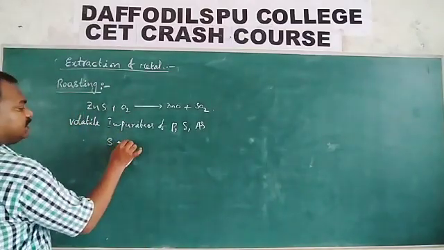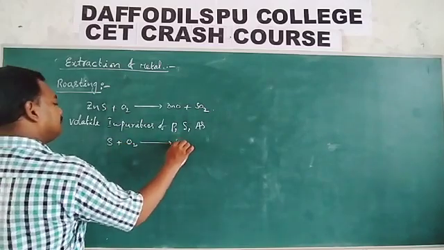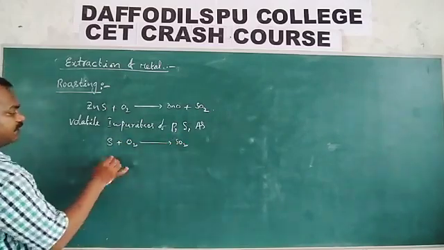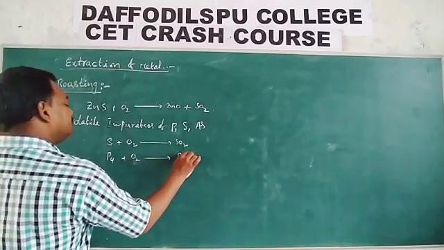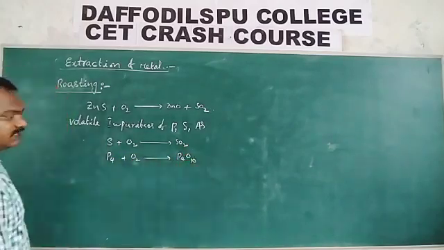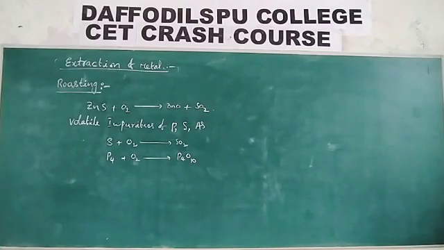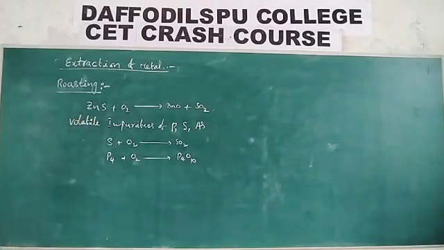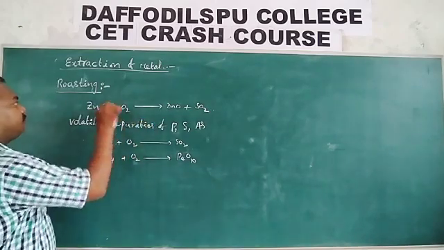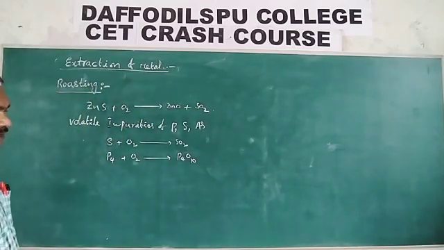If sulfur is present as an impurity, this sulfur is converted to sulfur dioxide. If phosphorus is present as an impurity, this phosphorus is eliminated as phosphorus pentoxide. Like that, volatile impurities are eliminated during the roasting process.